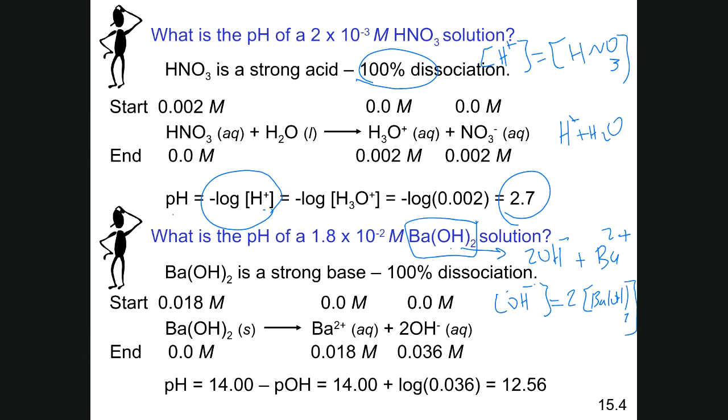So you have to pay attention to that. You are given the concentration of the barium hydroxide initially at the start. After it does dissociate, you get 2 times the concentration of the barium hydroxide as the concentration of hydroxide ion. Then you can have the concentration of hydroxide ion.